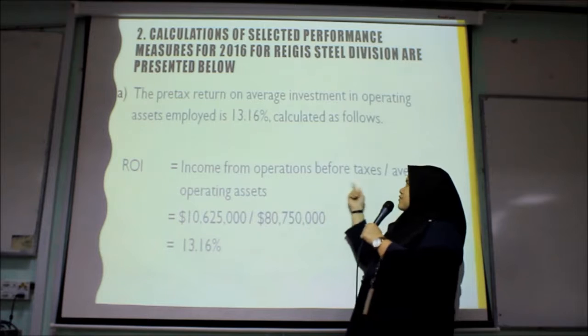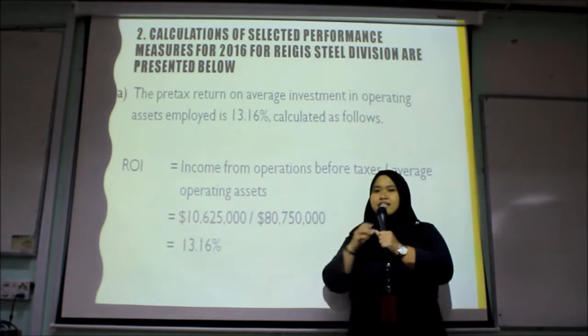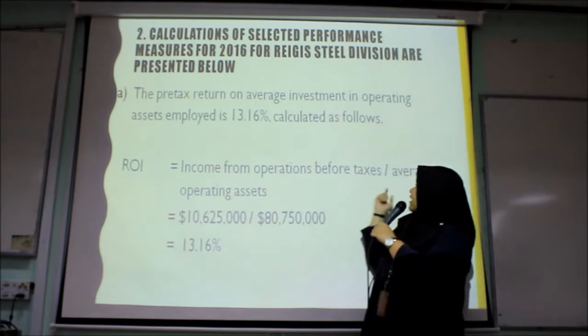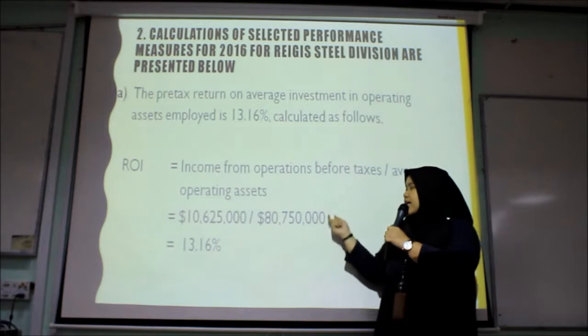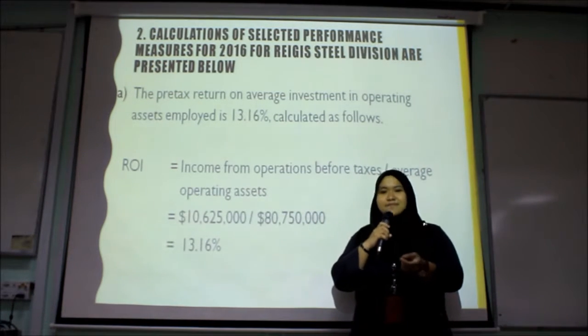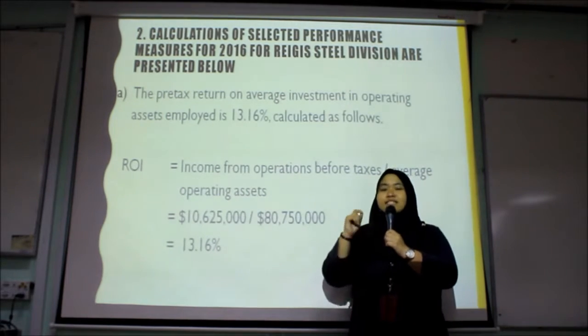So the income from operations before taxes is 10,625,000, divided by the average operating assets, which is 18,750,000, and we get 13.16% after multiplying by 100%.